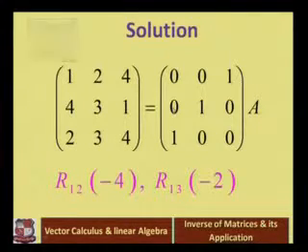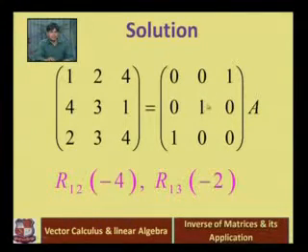The same operation is done on the identity matrix: interchange the third row and the first row. Now we convert this matrix into the identity matrix. For that, we must have 0 here and this entry also 0.